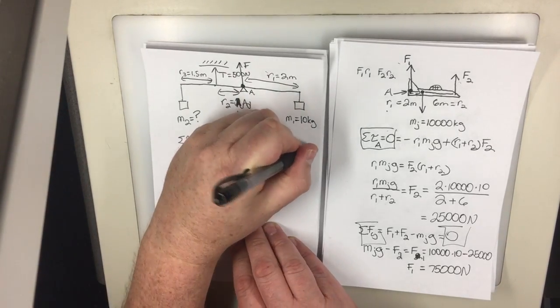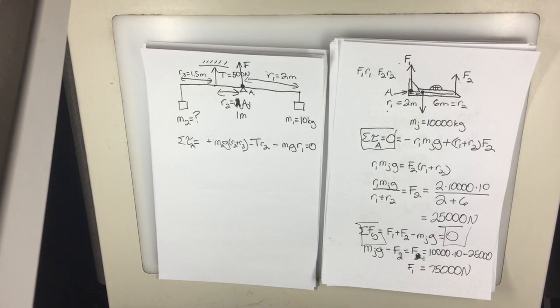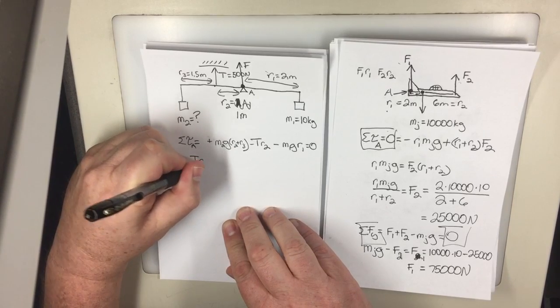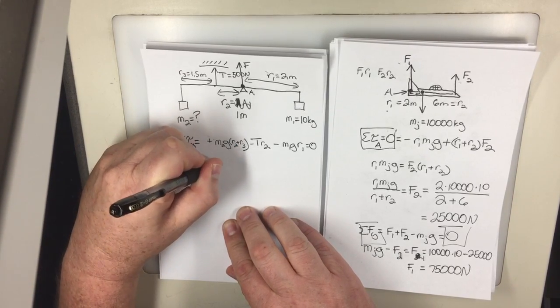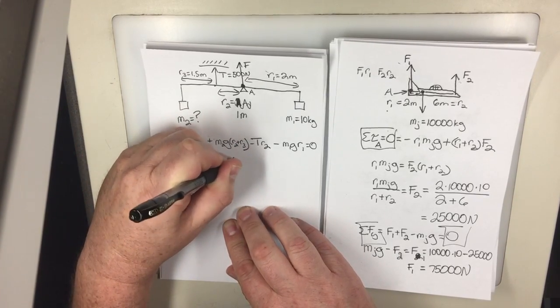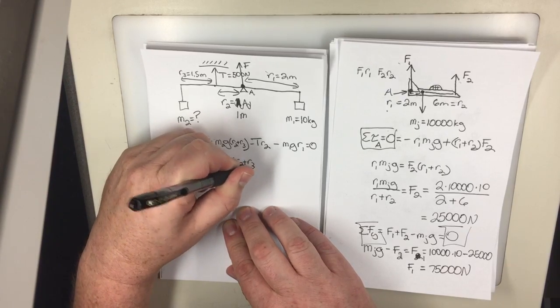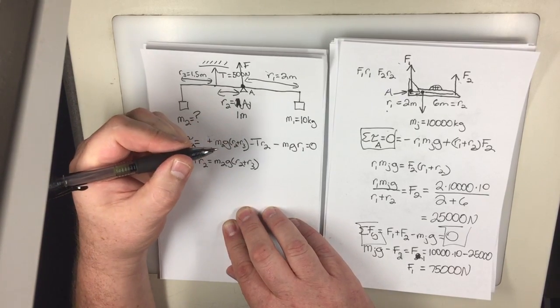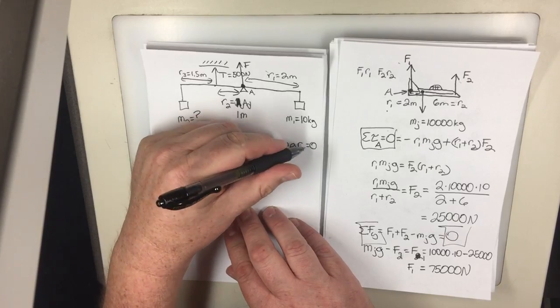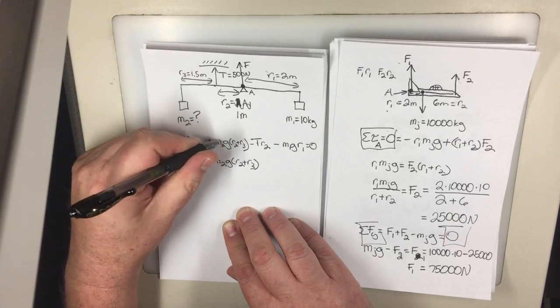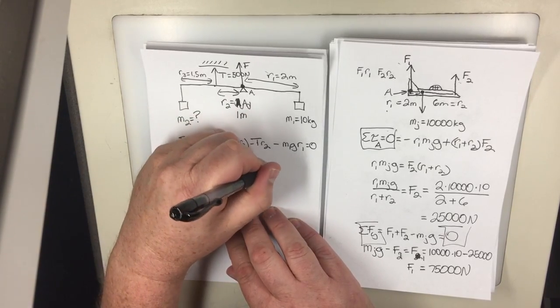And that's all equal to 0. The only unknown in this particular equation is T. That effectively goes over there and becomes this. That stays there, minus M1G.